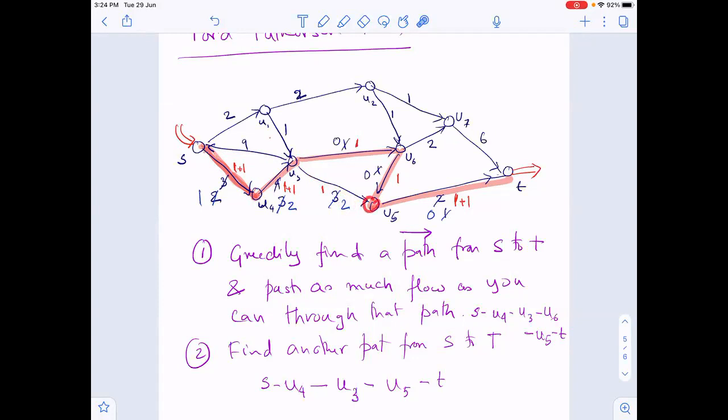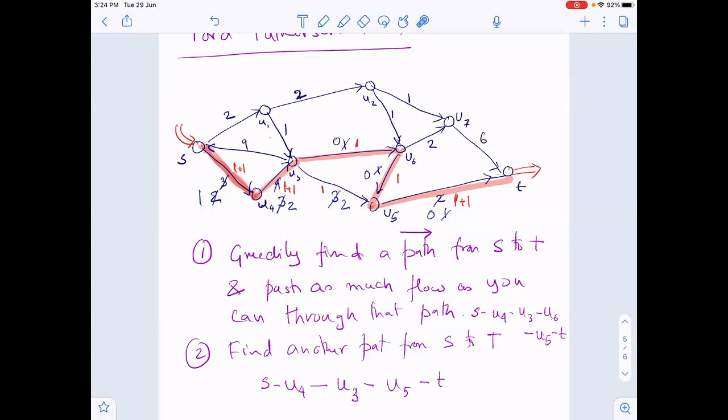But after I come here, I don't have anywhere to go. So does it mean that I cannot push any extra amount from S to T through this path? Right? It is exactly like that.